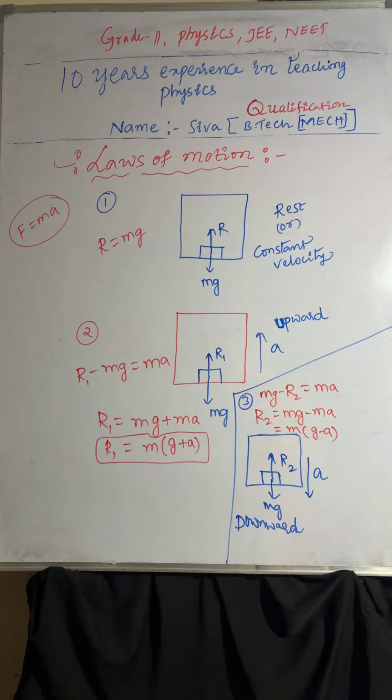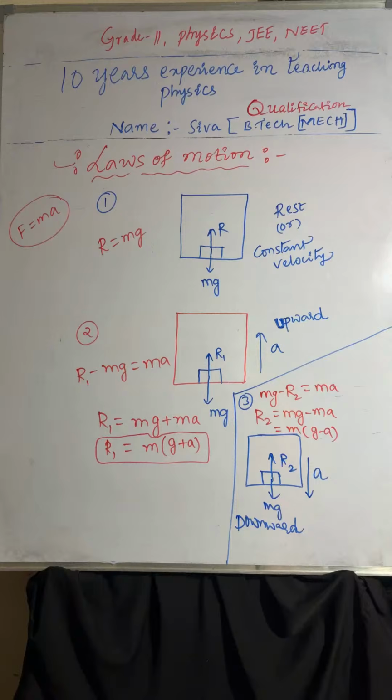When the lift is moving upward, the apparent weight will be more than the actual weight: R1 minus mg equal to ma, then R1 equal to mg plus ma, that is R1 equal to m into g plus a, more than the actual weight. When the lift is moving downward, we feel less weight compared to the actual weight. I hope it is very clear.